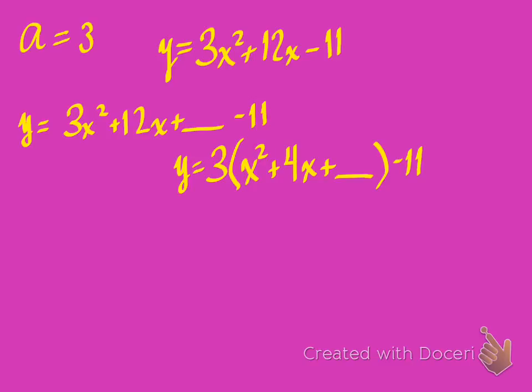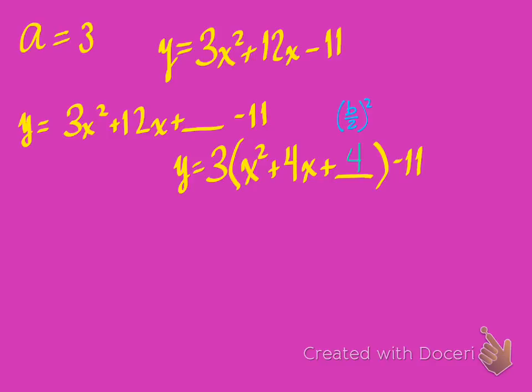Okay, so I've got that whole thing there in parentheses, and what I do now is I add b over 2 squared, which, if you can do that pretty quickly in your head, gives you 4. So now, just like we added a number to the last one, and we had to add the opposite of that number to, in effect, add 0, that's the same thing that will happen here, but please observe.